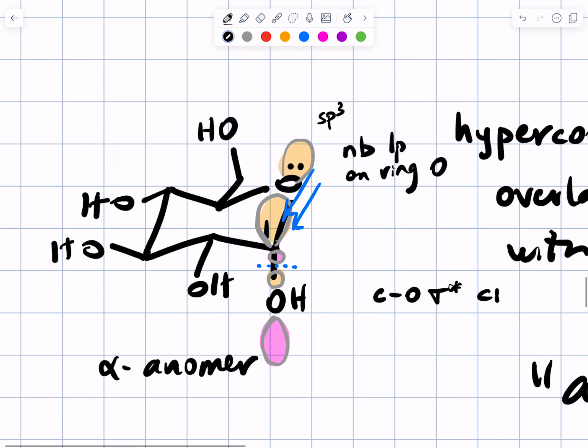Questions that students usually ask at this stage: isn't filling an antibonding orbital bad? Doesn't that break the bond? The answer is yes, if you fill it completely. If you don't fill it completely, if it's only partial mixing, then all it does is move the electrons in this non-bonding orbital to delocalize a little bit, moves them lower in energy, and then it actually moves the antibonding orbital higher in energy where it's less likely to be attacked by a nucleophile, overall stabilizing for the molecule.